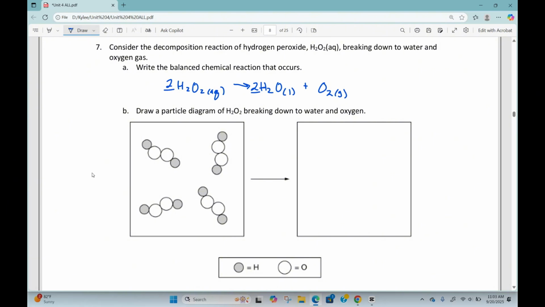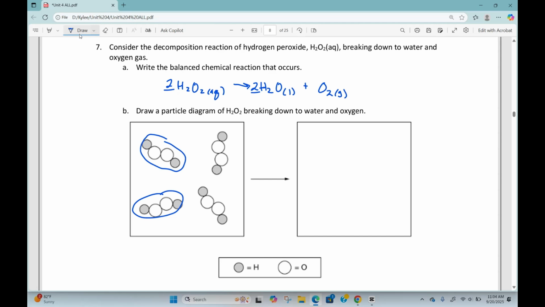Now we have a particle diagram, and they want us to show the breakdown of how this goes. And so 2 of the peroxides, these guys, so 2 of them are going to make 2 waters. So I'm going to draw 2 water molecules based on the key, 1, 2. Actually, I just messed up.